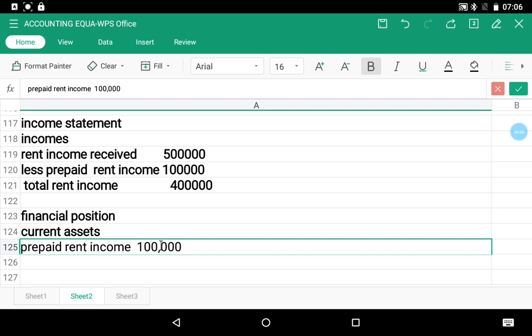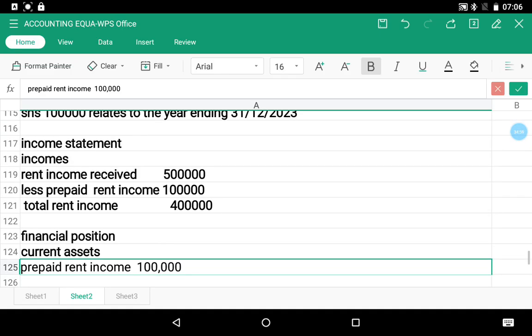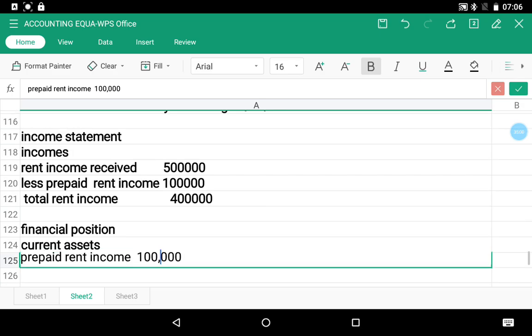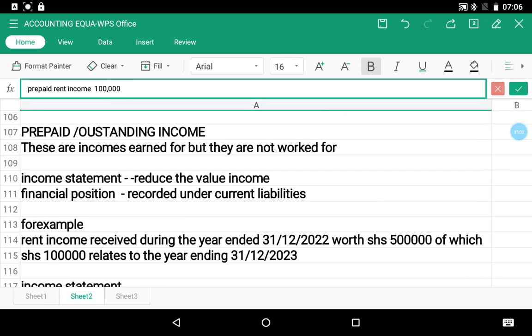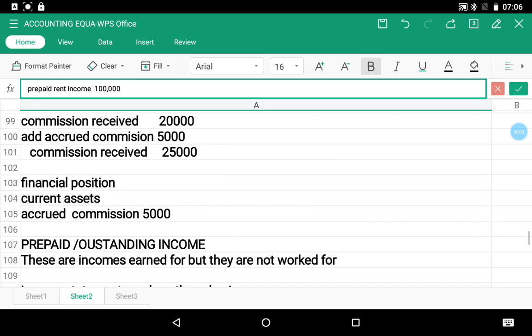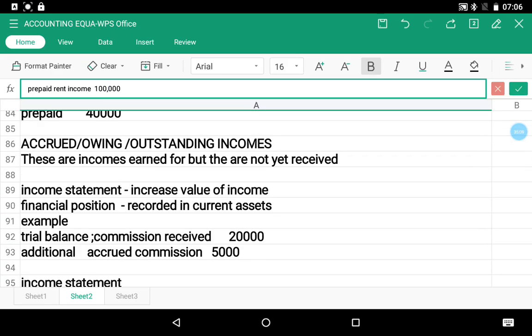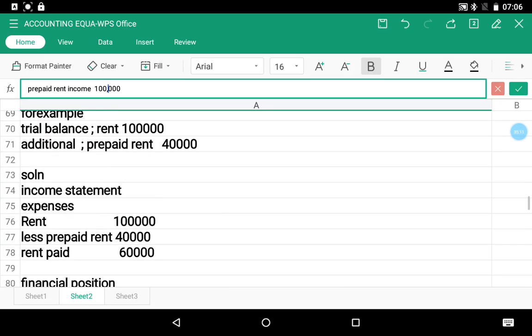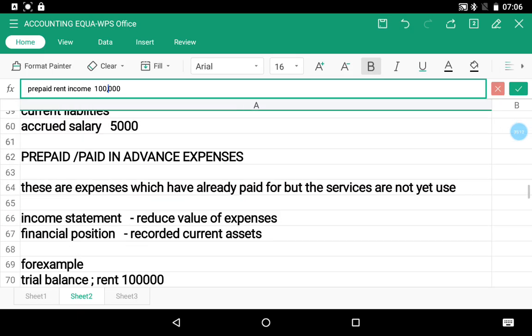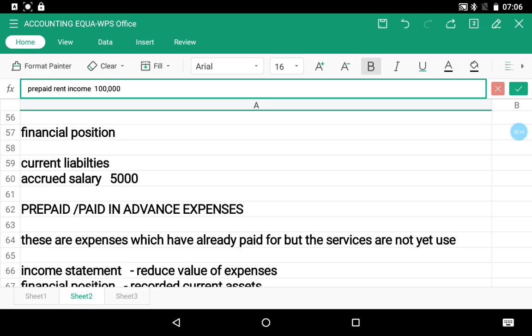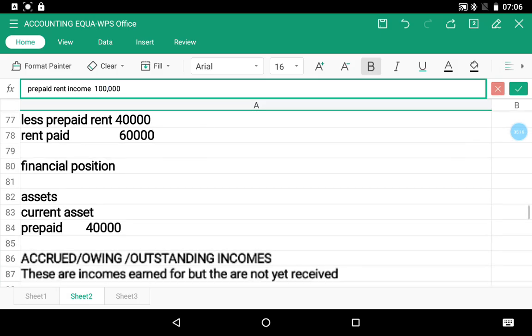So that is it for today. We shall see how you deal with prepaid income, how you deal with accrued income, and also how you work with prepaid expenses or expenses paid in advance.